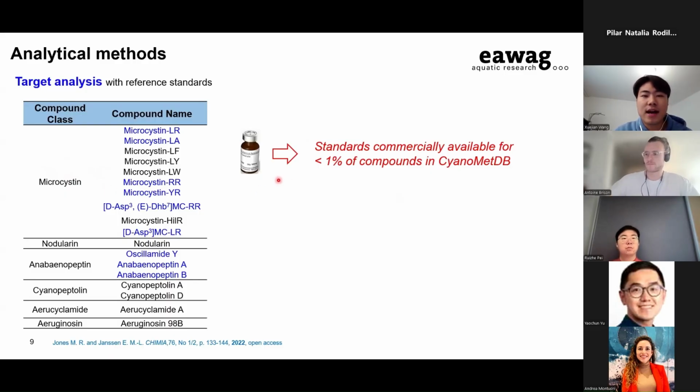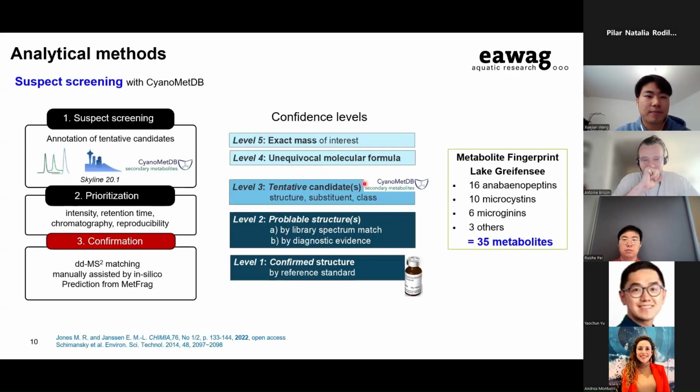However, not just in our lab, the commercially available standards for the cyanobacterial secondary metabolites are always below 1% of the compounds in the whole database. So to explore other possible metabolites, I did suspect screening.